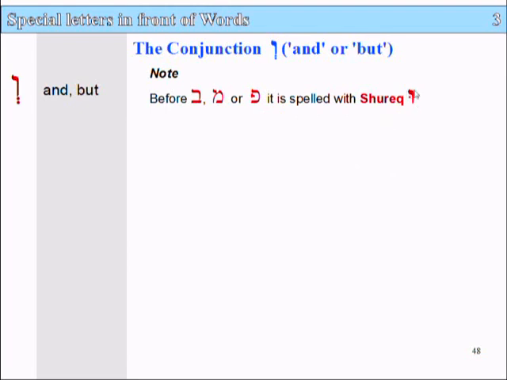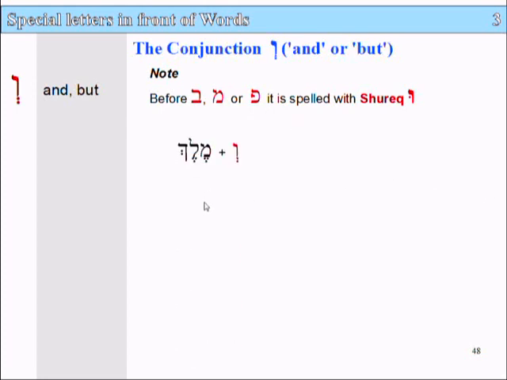So the vav is still a vav, but it's got a dot in the middle, which means it's got an u sound. So it changes from a v sound to an u sound, but it still means and. It's just in front of these three letters, bait, mem, and pay.